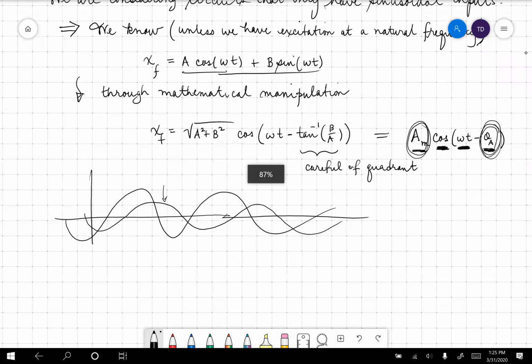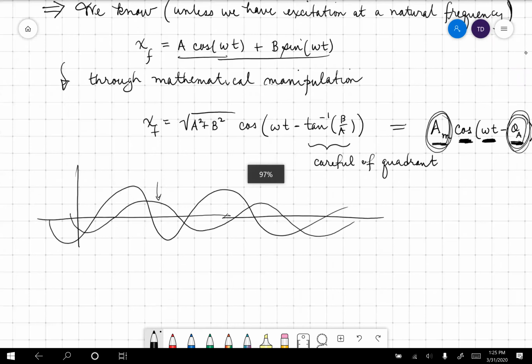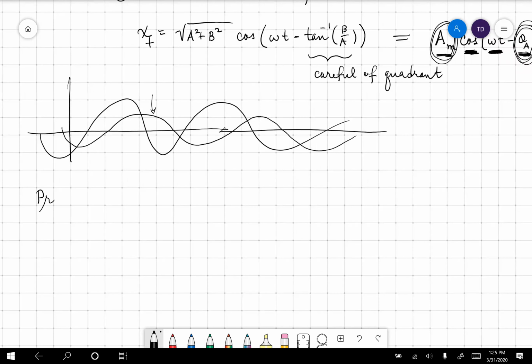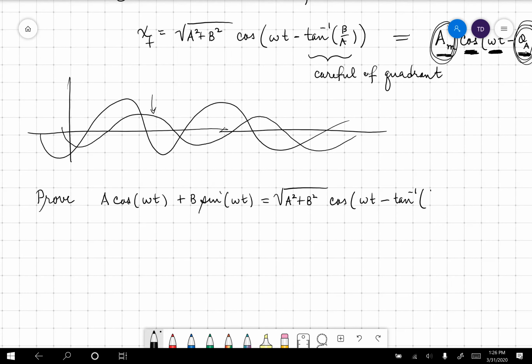Let's prove that this, in fact, is equal. So what is it I want to prove? Let's prove that A cosine of omega t plus B sine of omega t is equal to the square root of A squared plus B squared cosine of omega t minus the tan inverse of B over A. So this is a lovely identity.